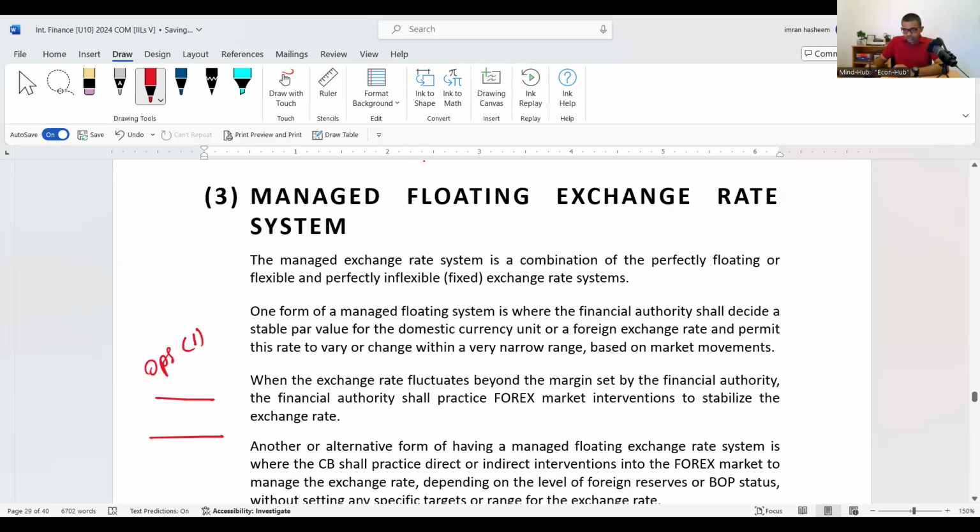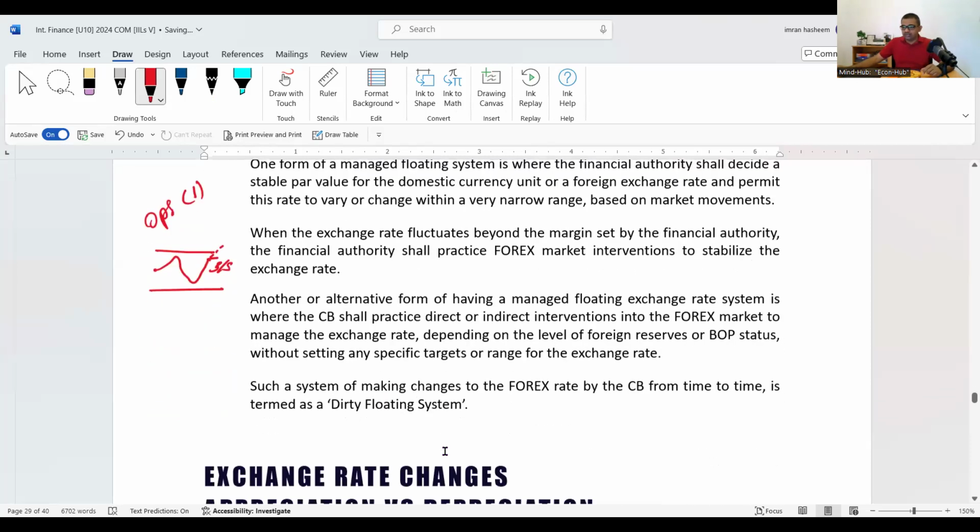Within that range the central bank determines the exchange rate, and the exchange rate can fluctuate. But if the exchange rate is trying to go beyond this range, there will be central bank intervention. The central bank will buy or sell and manage the exchange rate. Get it? So this is called the managed floating exchange rate, one method of having it.